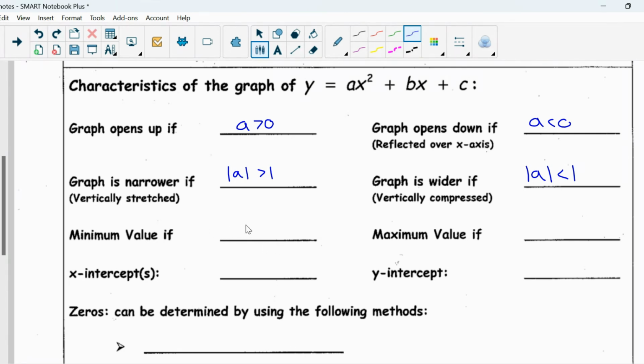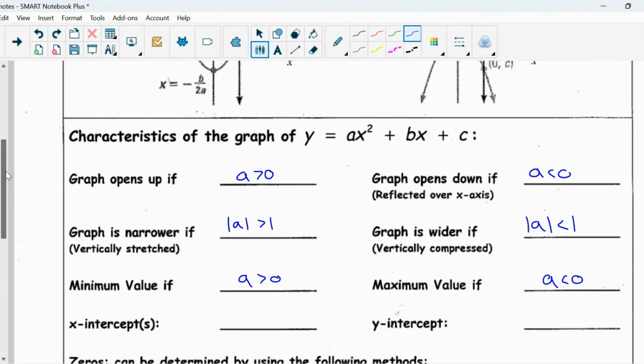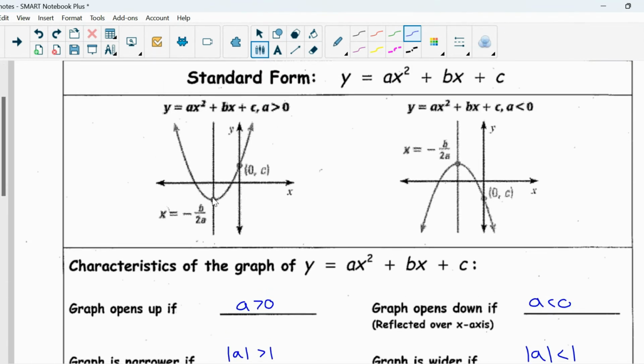Okay? If your a value is greater than 0, so if you have a positive a value, your vertex will be the minimum value. Well, if you have a negative a value, your vertex now becomes the maximum value. We can see that in the graph above. Right here, our vertex is our minimum value, and in our other case, our vertex is our maximum value.